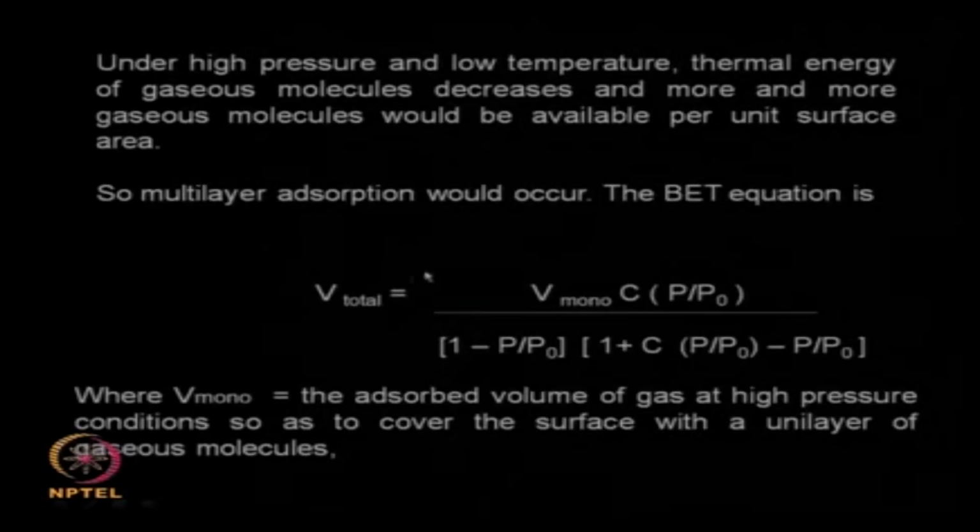So we have some constants coming here, and these are the pressure terms coming into picture actually. So this particular equation gives an idea about the adsorbed volume of gas at high pressure as a function of the adsorbed amount of gas when there is a unilayer or a monolayer coverage.